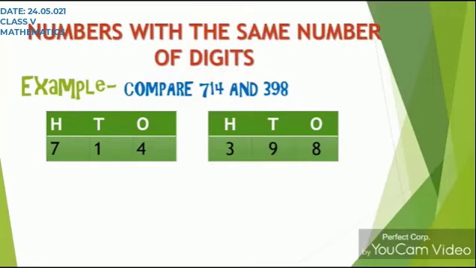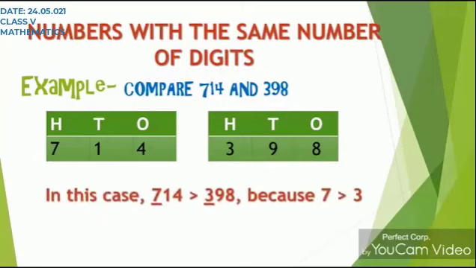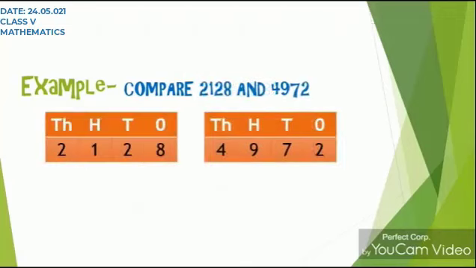As we can see very clearly, both of these numbers have the same number of digits, but the number 714 has 7 as the extreme left digit, while the number 398 has 3 as the extreme left digit. While comparing 7 and 3, we can tell very clearly that the number 714 is the greater one.